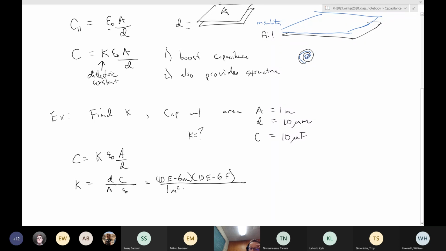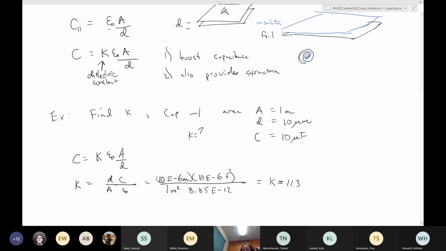The area was 1 meter squared, and then epsilon naught, which is 8.85 times 10 to the minus 12. If we crunch these numbers, we have 10 to the minus 6, 10 to the minus 6, 10 to the minus 12. It's going to be a smallish number. And if you crunch these numbers, we would find that this is about 11.3.